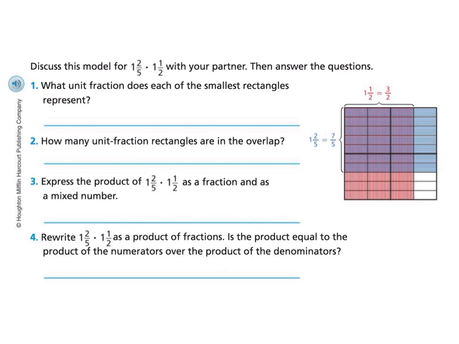Another example, and we're going to break it down into smaller pieces for you to digest a little bit. So now we're going to do this 1 2/5 times 1 1/2. So we're going to have 2 rectangles, all right?